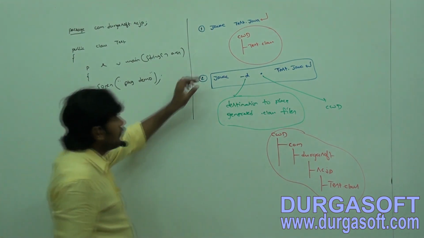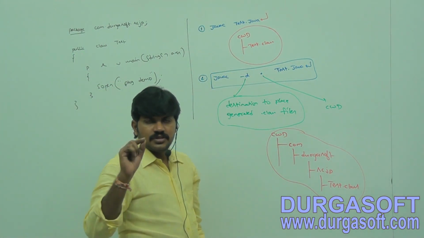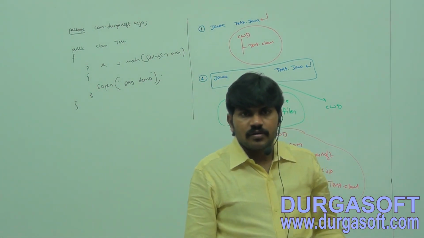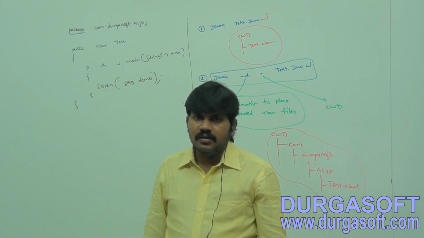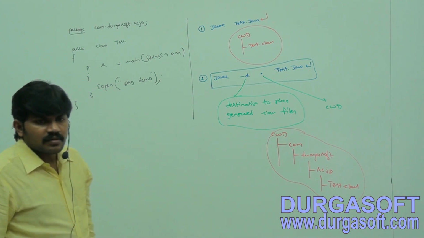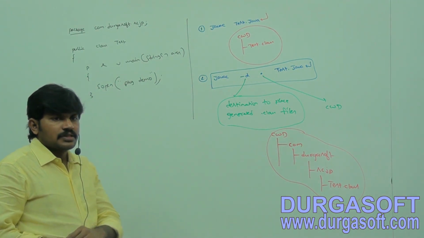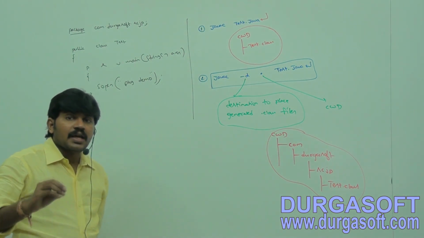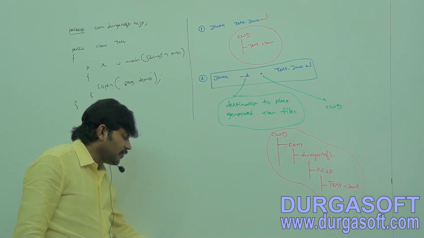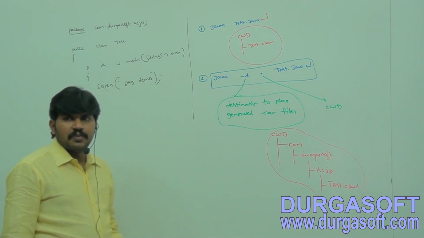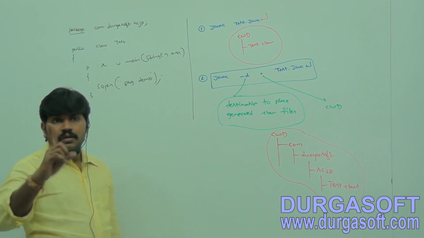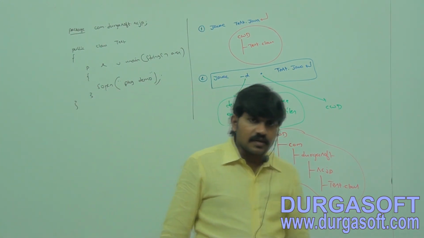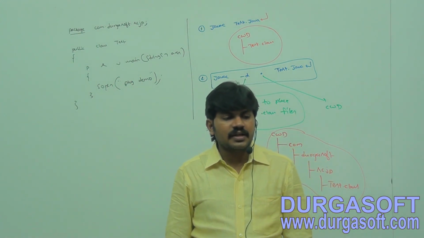Under that, add: the generated .class file will be placed in the corresponding package structure. One minute, wrong. The generated .class file will be placed in the current working directory.